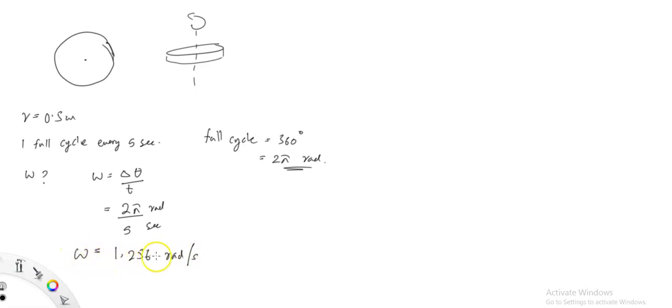That's the omega value. Sometimes in some books they leave the answer as 2 pi over 5 radians per second. That's fine, but I prefer you do take the next step and get rid of this pi and have a number answer.